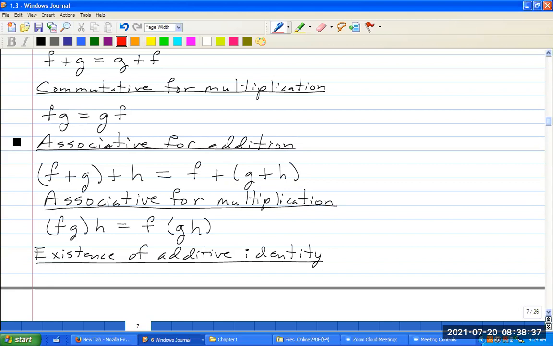The associative property for addition. f plus g added to h is the same as f added to the sum g plus h.